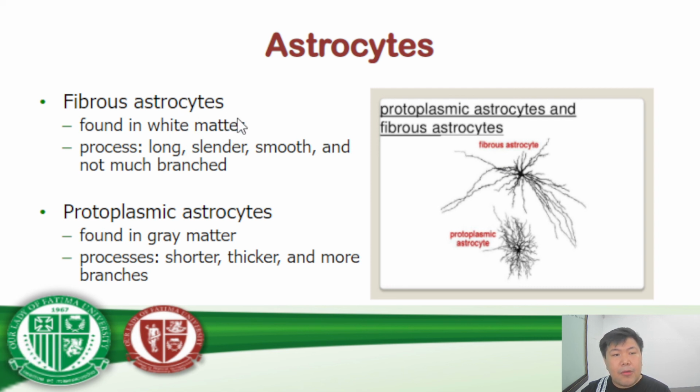Okay? While protoplasmic astrocytes, they have shorter na mga processes or galamay, pero mas marami. No? There are more branches compared to your fibrous astrocytes. And where can you find this? In the gray matter.